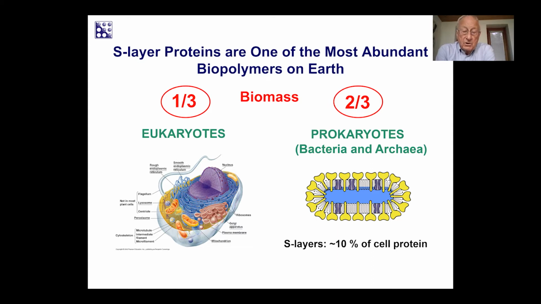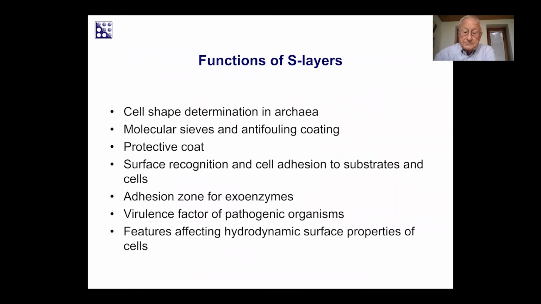The reason it took so long before this was recognized is the fact that the classical experimental strains in prokaryotic studies are Escherichia coli and Bacillus subtilis, and they don't have an S-layer. This is just by coincidence. S-layers make up about 10% of the cell protein.